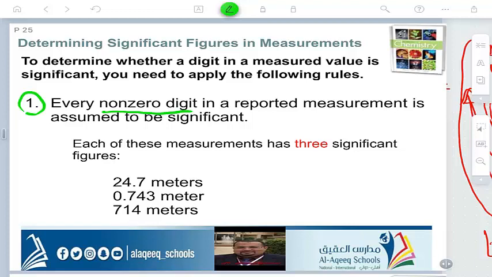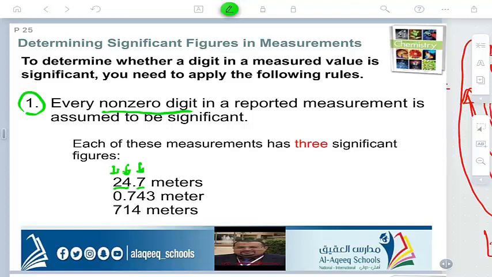Like these examples, you have here two numbers before the decimal and one after the decimal, and all of them are non-zero digits, no zero here, and all of them are significant because we can measure them or identify them, so we have 3 significant figures here.